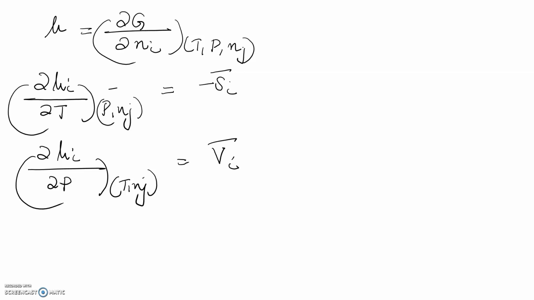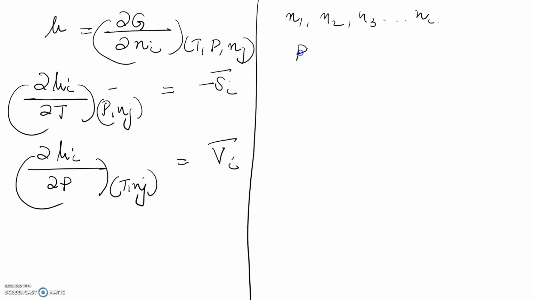With this background, let's consider a system consisting of a number of ideal gases N1, N2, N3, etc., Ni. For an ideal gas, we have PV is equal to nRT.